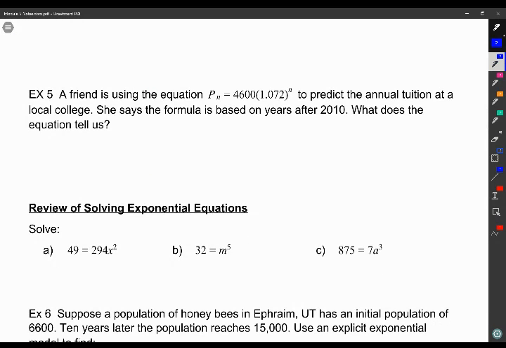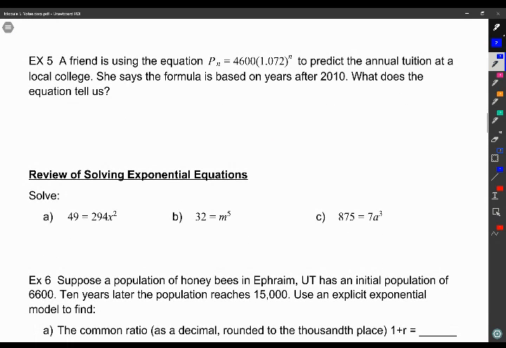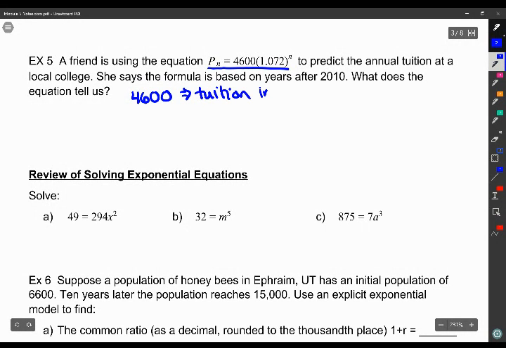For example 5, it talks about a friend using the equation P sub n equals 4,600 times 1.072 raised to the n power, and it wants us to predict the annual tuition at a local college. She says the formula is based on years after 2010, and what does the equation tell us? Just looking at it, it wants us to figure out what this means. The 4,600 would be your tuition in 2010.